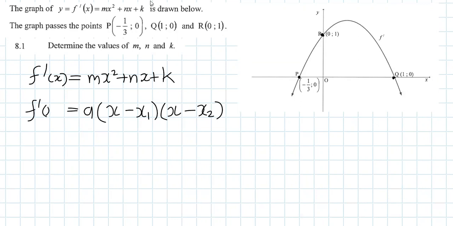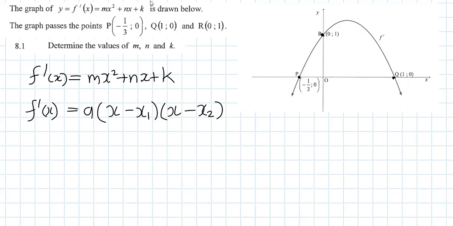The reason I chose this form to solve for the unknowns is that we have both x-intercepts, P and Q, and we also have a third point on the graph, R. You need both x-intercepts and a third point to solve for a.